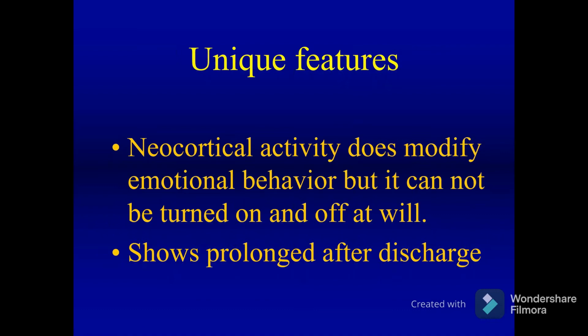It is just like the neocortex sits with a leg on each side of the limbic system, like a rider on a horse without control. The second unique feature is that it shows prolonged after discharge. So once the emotion is there, it lasts for a longer duration.